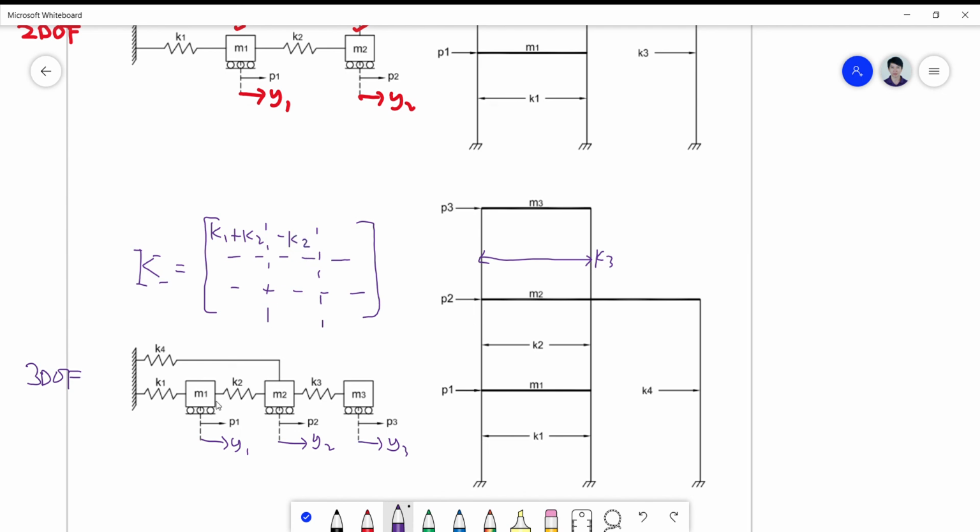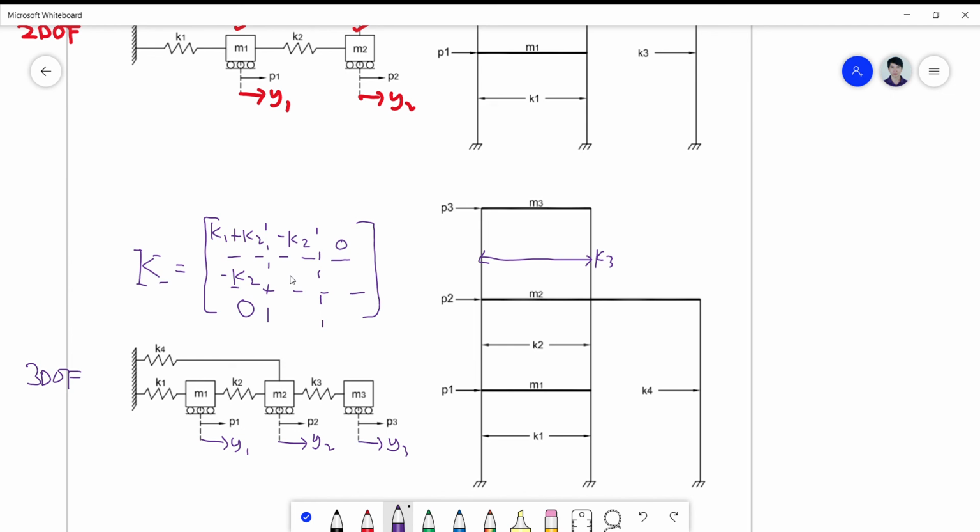Okay, always negative when it jumps from one coordinate to the other. A K21 will be the same because this must be symmetric. And then a K13, so look at the jump 1 to 3, they are not connected at all. Mass 3 is not connected directly to mass 1. So there is only a zero value here. And also 3 and 1 are not connected.